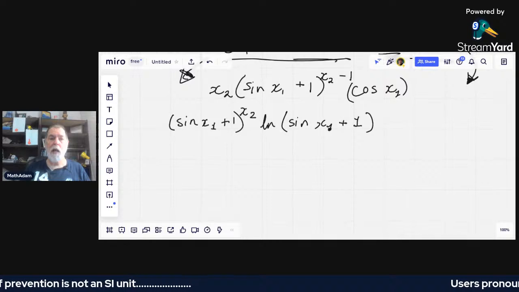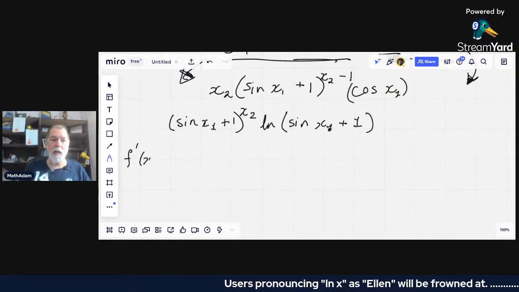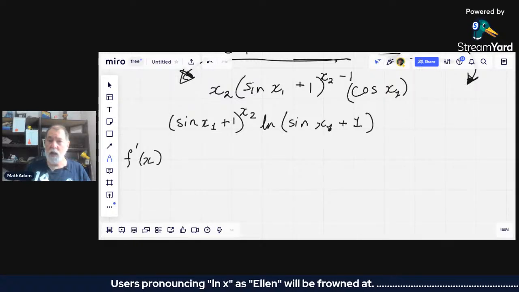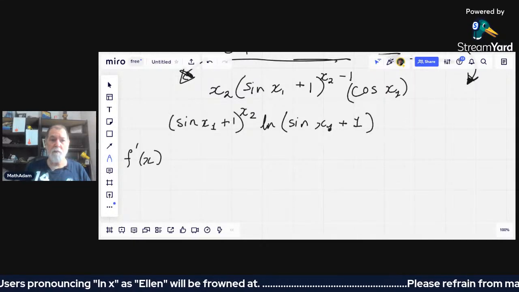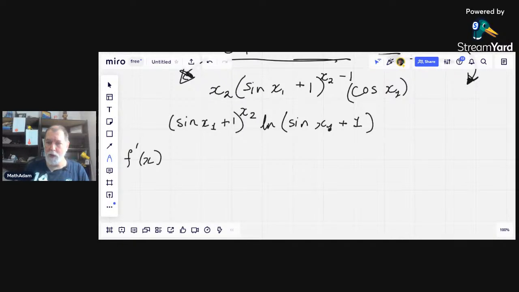So here we go. This means that f prime of x equals x times the sine of x plus 1, all to the power of x minus 1, times cosine of x.